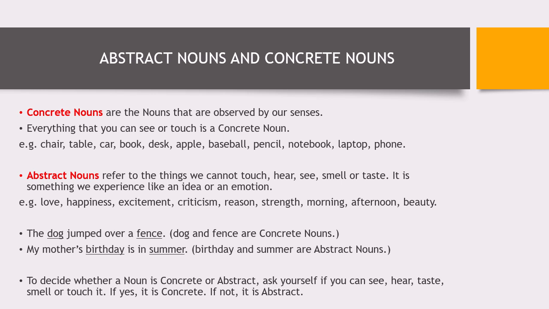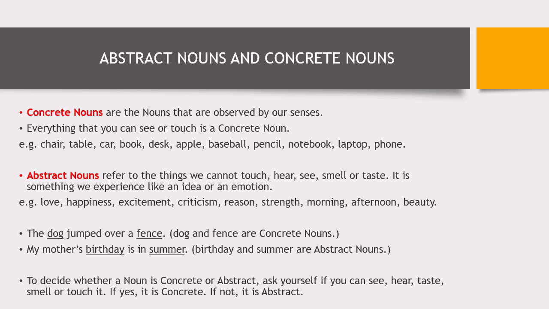Abstract nouns and concrete nouns. Concrete nouns are the nouns that are observed by our senses. Everything that you can see or touch is a concrete noun. For example, chair, table, car, book, desk, apple, baseball, pencil, notebook, laptop, phone.